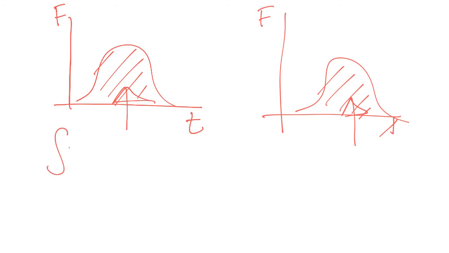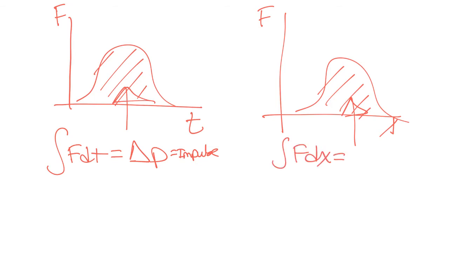The integral of F dt is change in momentum, that's impulse. And hopefully you know that the integral of F dx is work. Yes, exactly. So just be careful looking at what your x-axis is, because it might be a t, and these have different meanings.